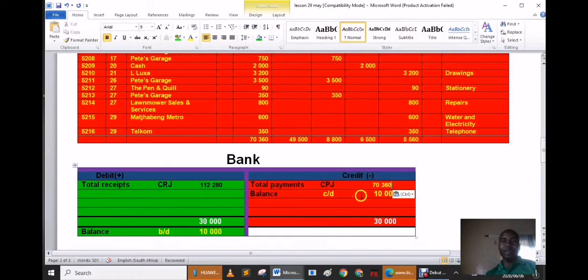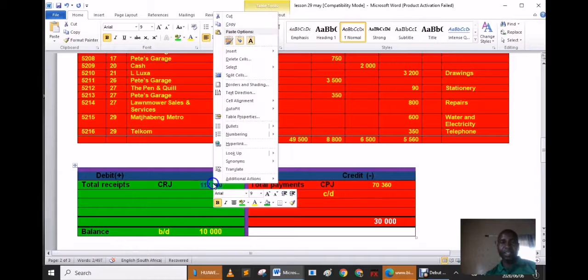So in this case, now you can see that we collected a total amount of 112,208, and we used 70,360. So we want to balance our account. It means I'm going to take this figure because it is the bigger one.